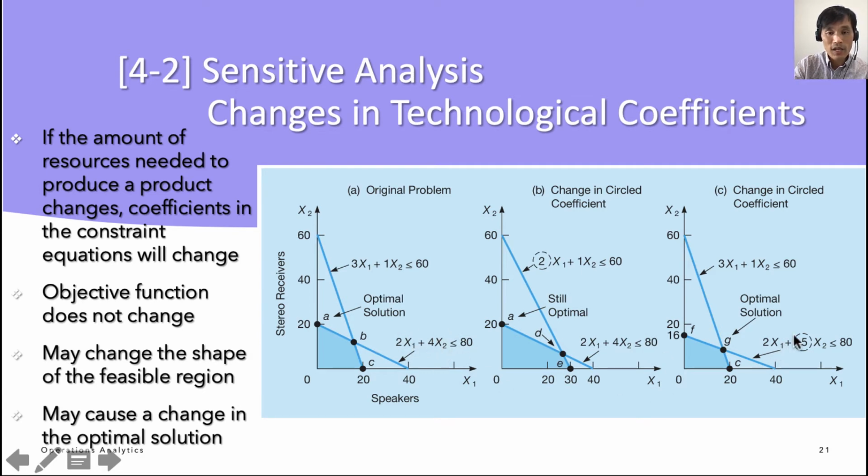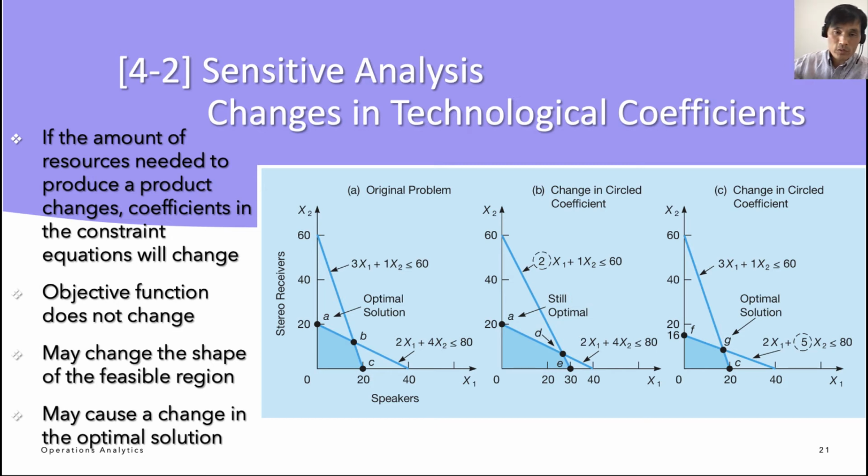So for some reason you need to spend more for electricians; the stereo receiver requires more hours for electricians, and as a result it became less steep here, right? In this case, what is going to happen to your solution?